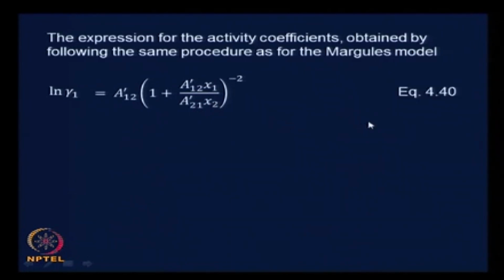Let us call this equation 440, and ln gamma 2 would be A21 dash times 1 by the square of 1 plus A21 dash x2 divided by A12 dash x1. We will call this equation 441.